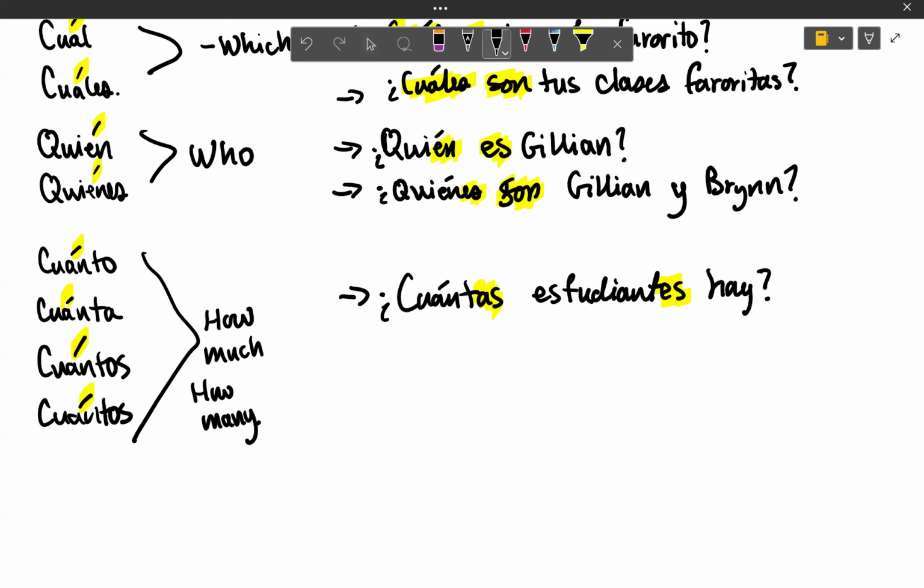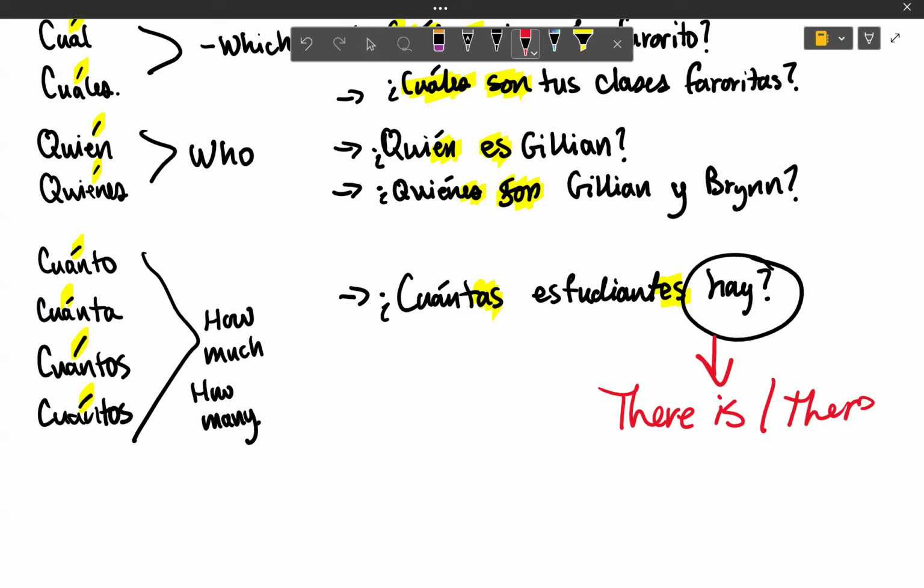And I want to point out hay here, which we went over in class. Hay is very useful in Spanish. It means there is, there are. There are no different forms. It's just hay, not hey. Horses eat hay. Hay, like a pirate, right?